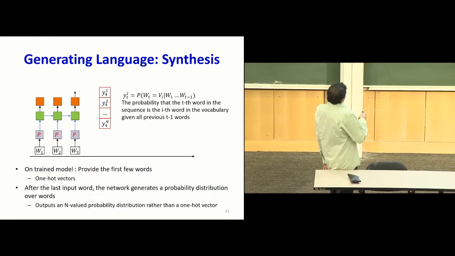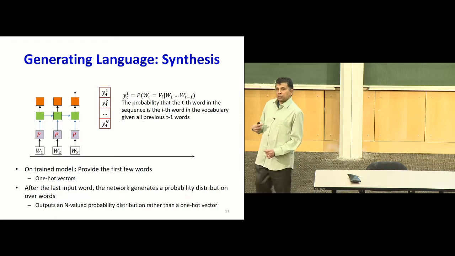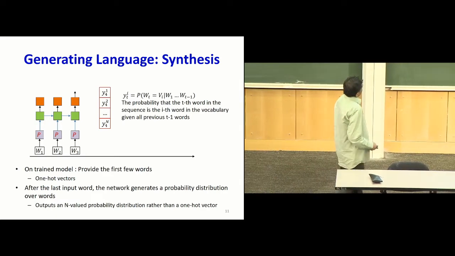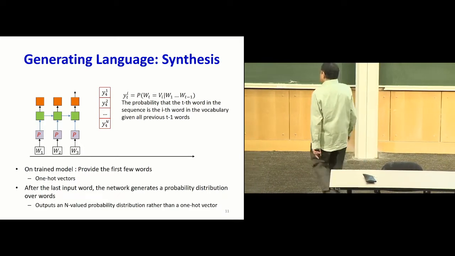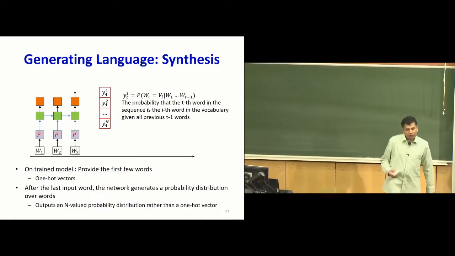On a trained model, you would provide the first few words as one hot vectors. And then say you were providing W1 through W3. At time 3, the network would produce output a probability distribution over words that could occur at time 4. And so now here is the key piece. The reason we are going over this portion of the lecture is that this is very relevant to what follows.